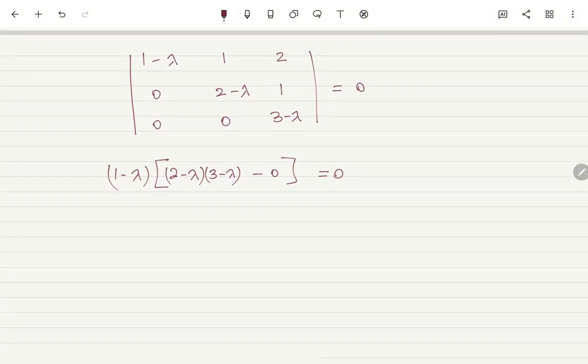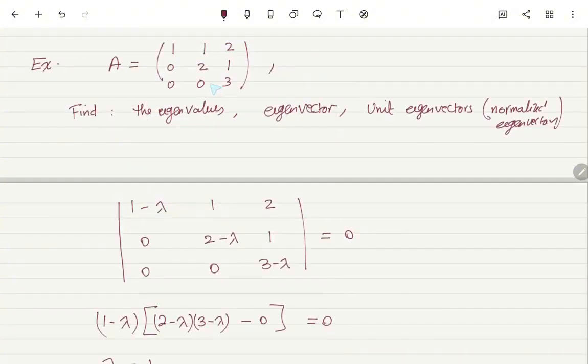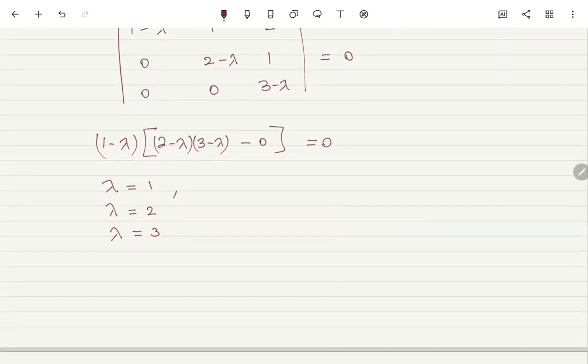From this one right here, lambda is either equal to 1, or lambda equal to 2, or lambda equal to 3. And these are the 3 eigenvalues for this matrix here. So 1, 2, 3.